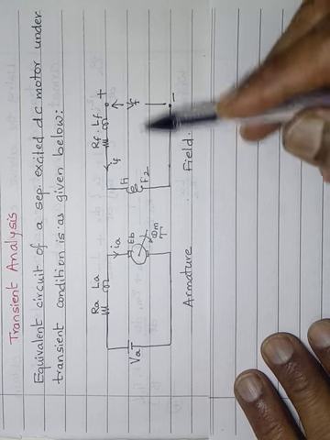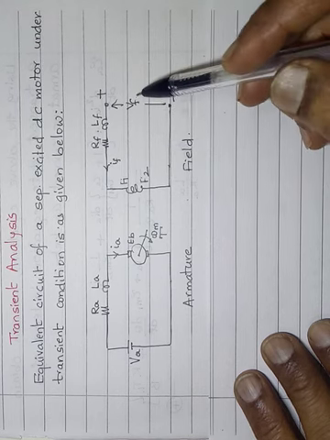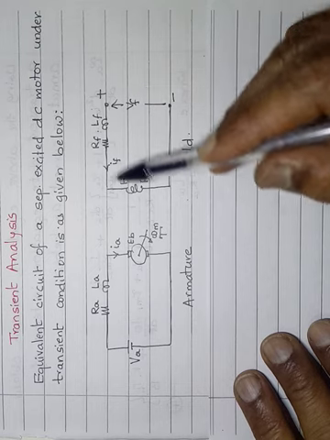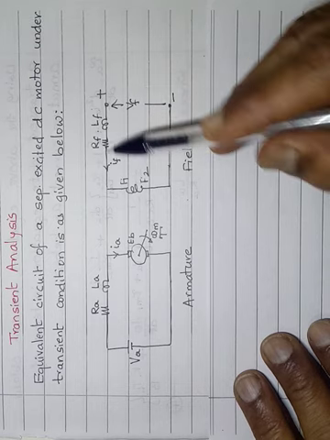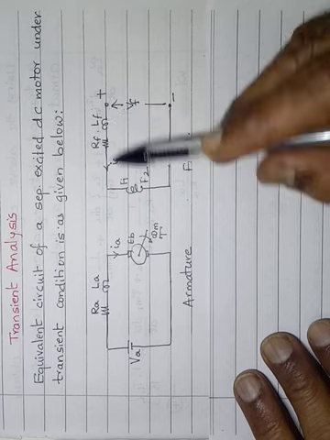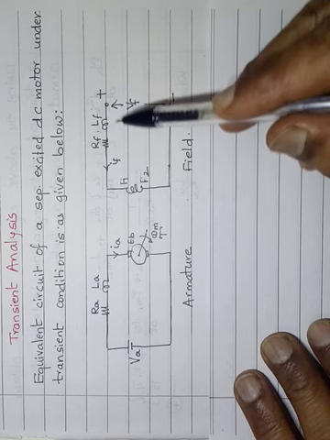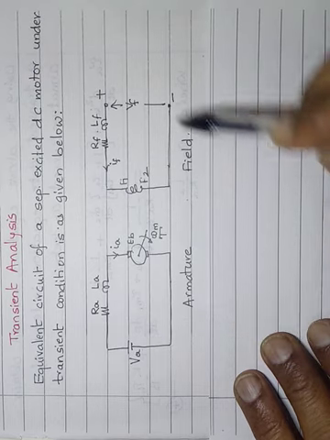Similarly, on the field side, it is separately excited. We have the supply voltage to the field VF and field resistance RF, and the inductance of this field coil LF. Watch the equivalent circuit.